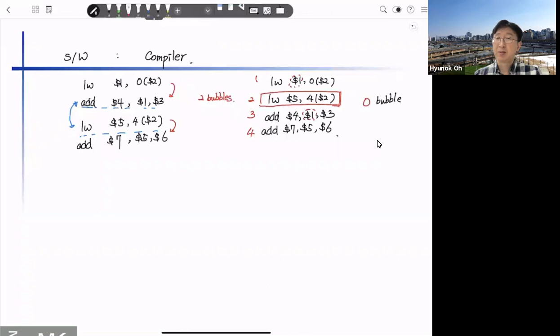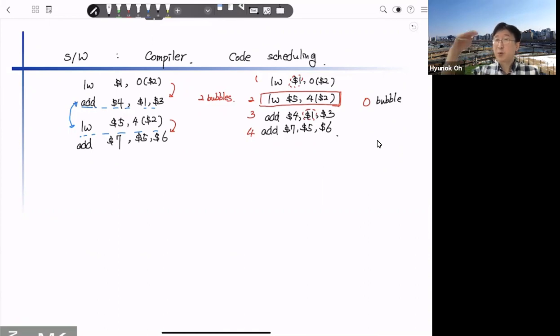So if we change the order of execution, we can minimize or reduce the bubbles caused by data hazard. This is called scheduling, or rescheduling.